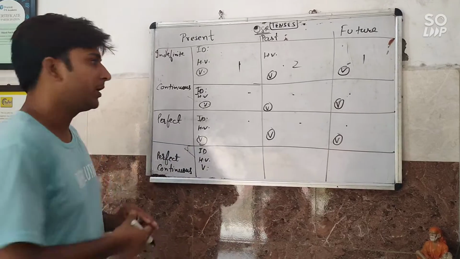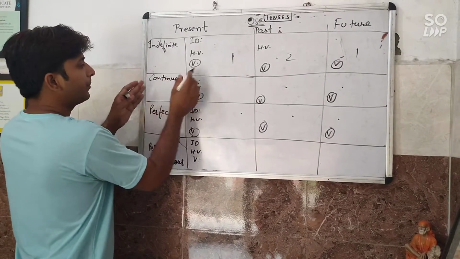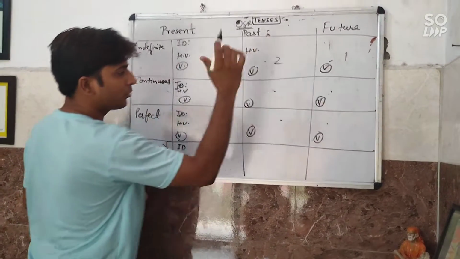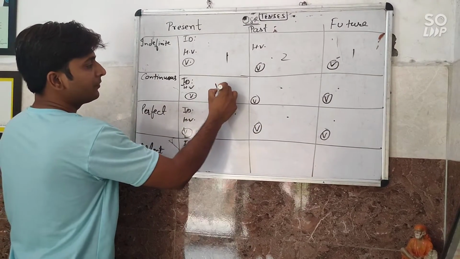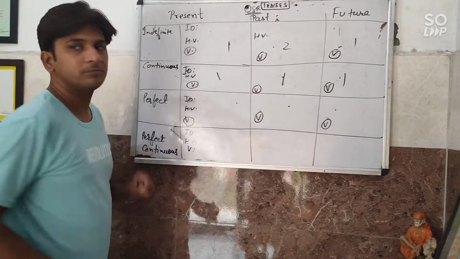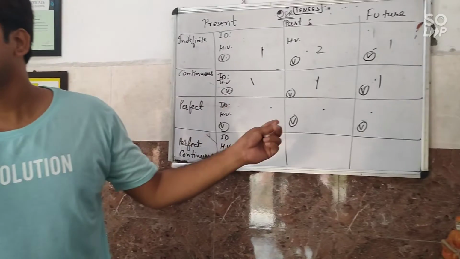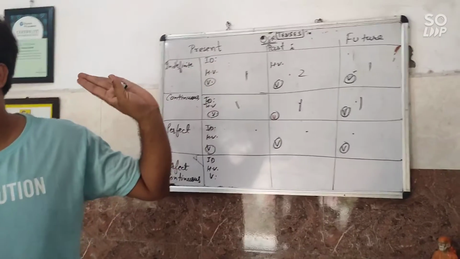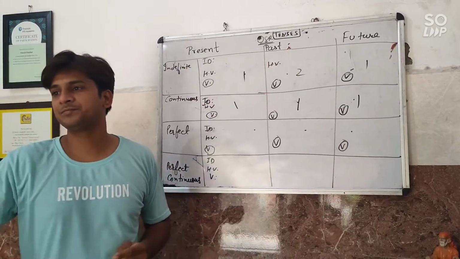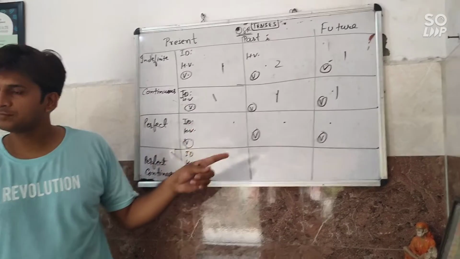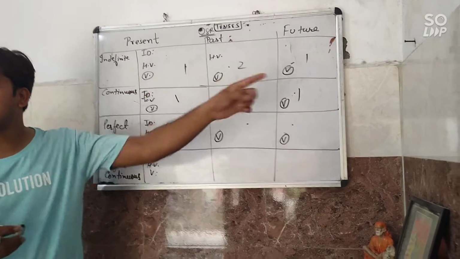Now here, present continuous, past continuous, future continuous. Which verb do we use? First form, first form, first form. Learn, all of you. So what is the formula? 1, 2, 3 in the first line, then 1, 1, 1, 1, then 3, 3, 3.